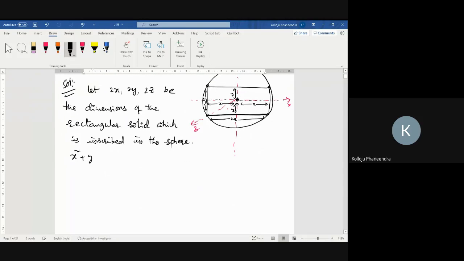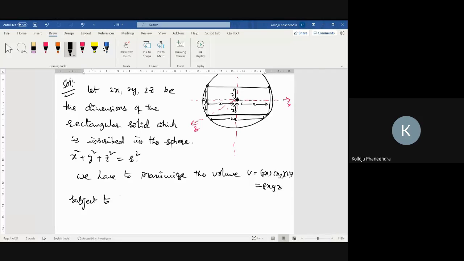Let me consider the sphere as x square plus y square plus z square equal to r square, because I am taking the origin as 0, 0, 0. Now we have to maximize the volume. V equal to 2x into 2y into 2z, that is 8xyz, subject to the condition: x, y, z are connected by the relation phi of x, y, z equal to x square plus y square plus z square equal to r square.